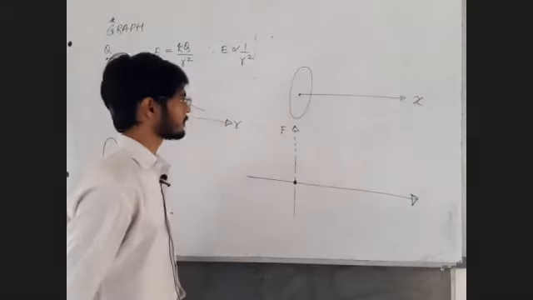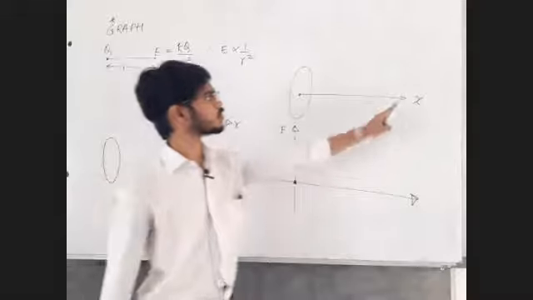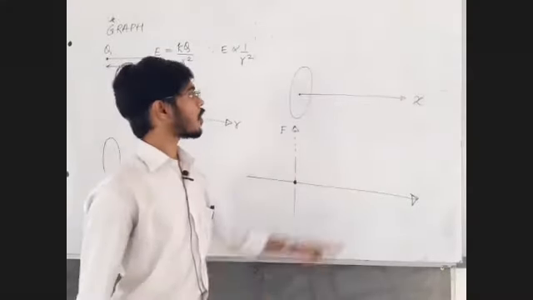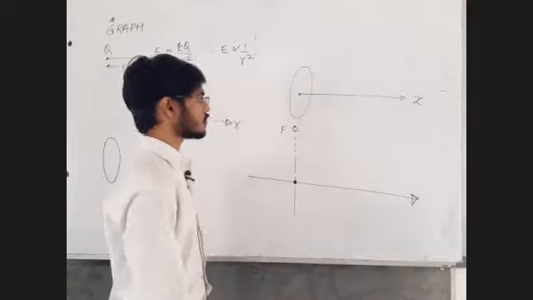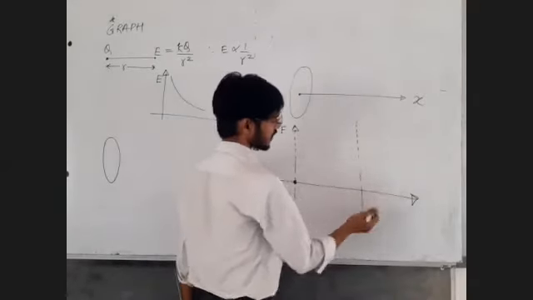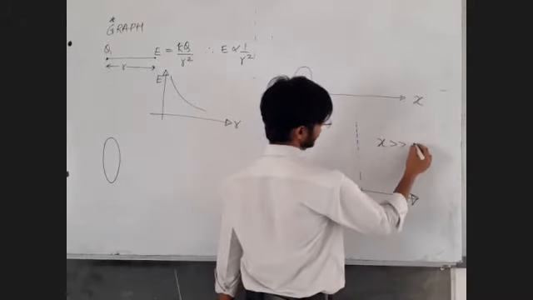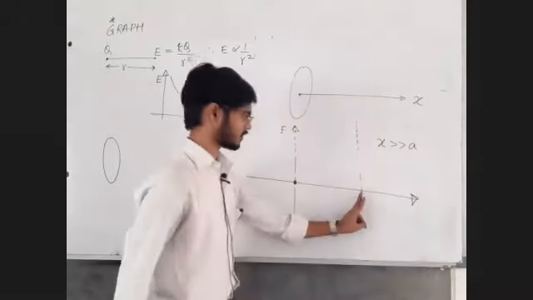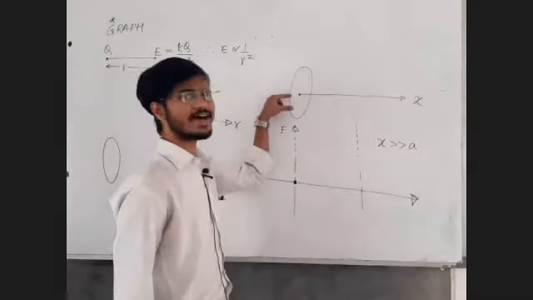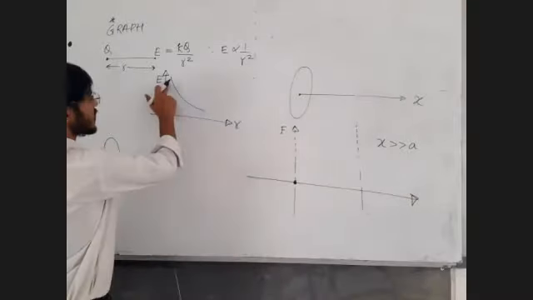So at very large distance, if x goes on increasing, the ring becomes a point charge. For large values of x, let's say after this value, the values of x are very large than a. It means the ring is as good as a point charge. So the point charge graph will be there.